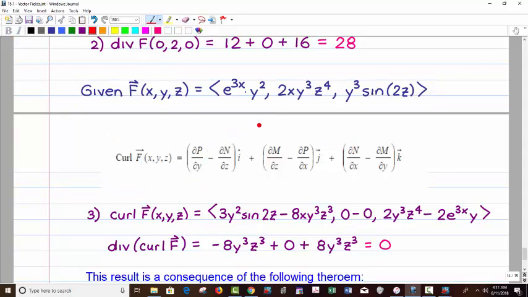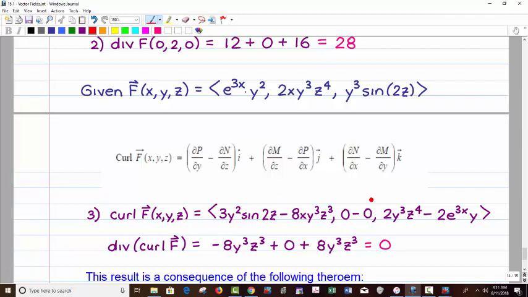So py, the last term with respect to y, will be 3y squared sine of 2z, minus nz, the middle term with respect to z, bring the 4 down, 8xy cubed z cubed. Middle term mz, first one with respect to z, no z, 0, minus px, the last term has no x, so 0 minus 0. So just to let you know, that means already this vector field's not conservative.